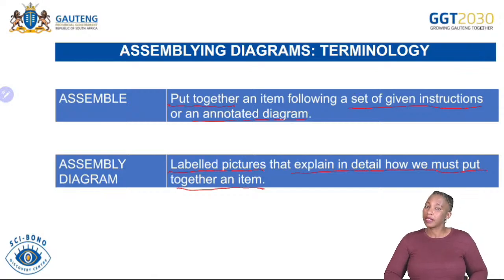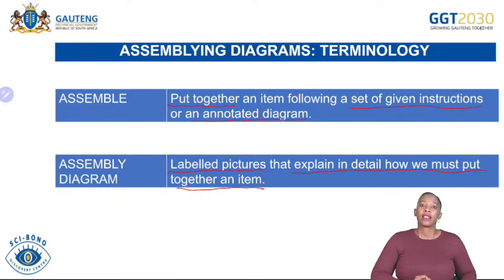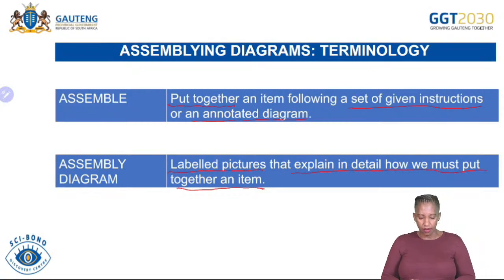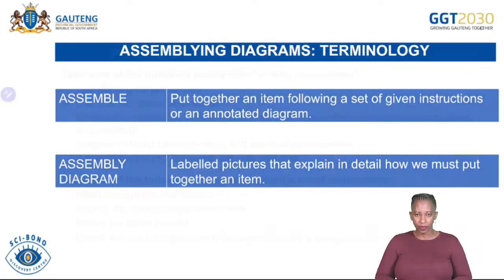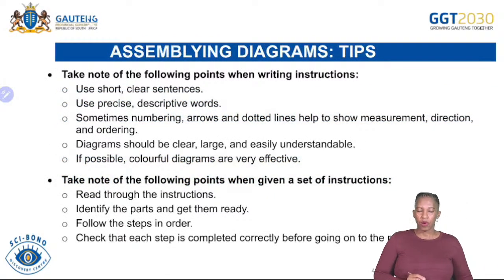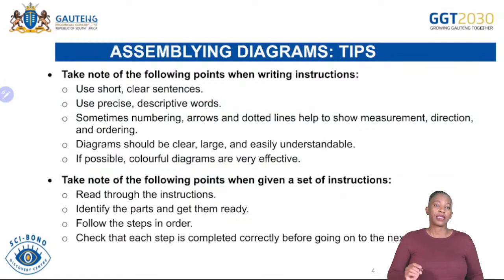I have to follow instructions, because if I make use of common sense, that's where I will make mistakes, and then you'll find that you say, this gadget that I bought is not functional, it's not working, only to find out that you did not follow the instructions when you were assembling it. And this topic, it's so easy, boys and girls, because you are given the diagrams that you must follow.